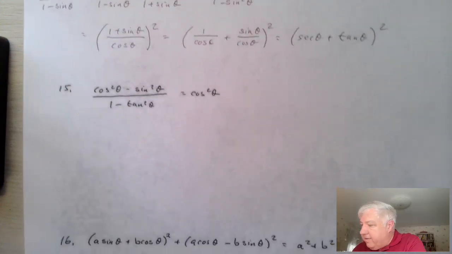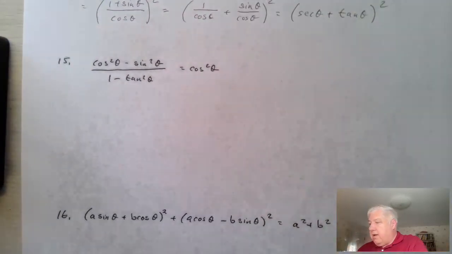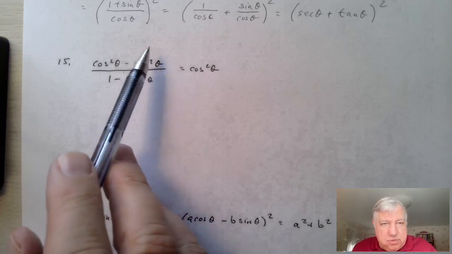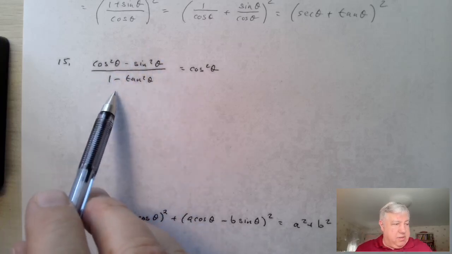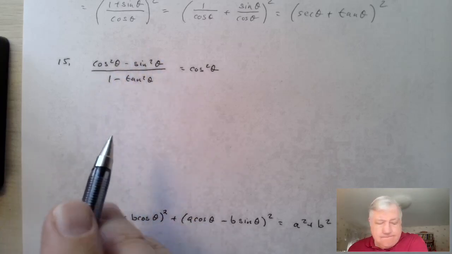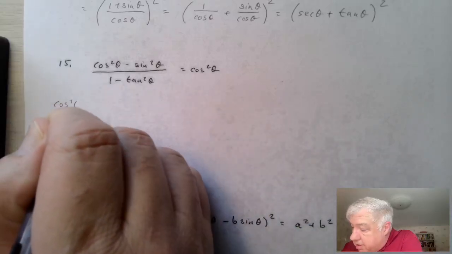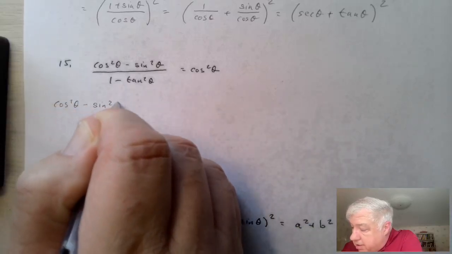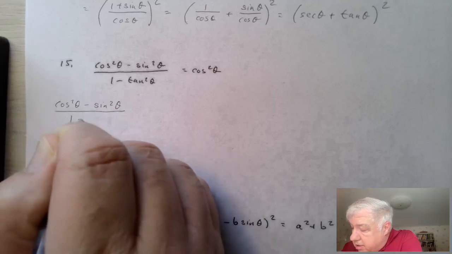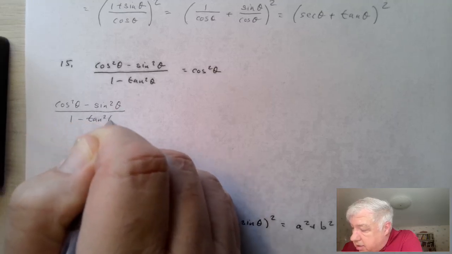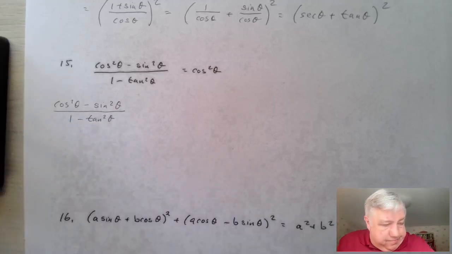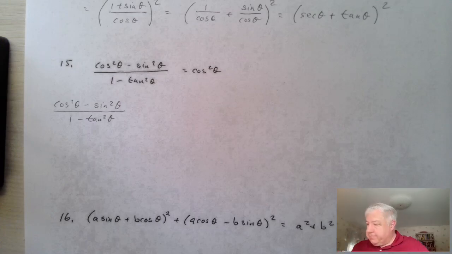Let's look at 15. Once again, this is the more complicated side on the left, so we'll start there. All right, so a couple of ways here.